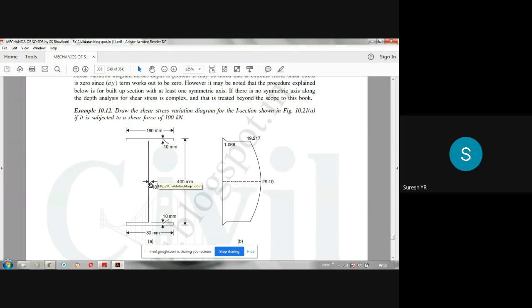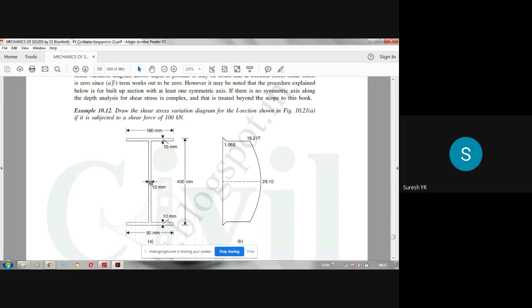Now, what you can do is very simple. To find A into Y bar above the neutral axis, it consists of two parts. Two rectangles are there. One rectangle is web, another rectangle is flange. What is the area of the web rectangle? It is 10 into 190, because 200 minus 10. So this depth will be only for the web. From here to here it is 190.